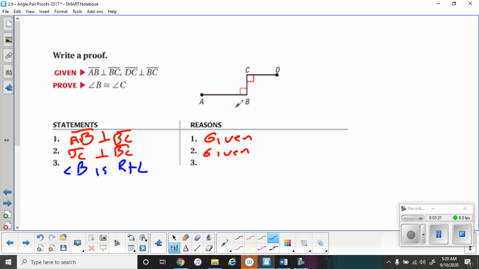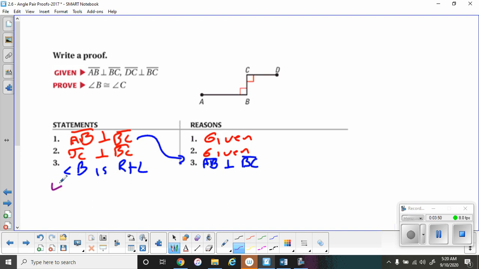Why is angle B a right angle? Because AB is perpendicular to BC. So that's what I write. And that's an example of a statement earlier becoming a reason later. And as we go through, that happens a lot.